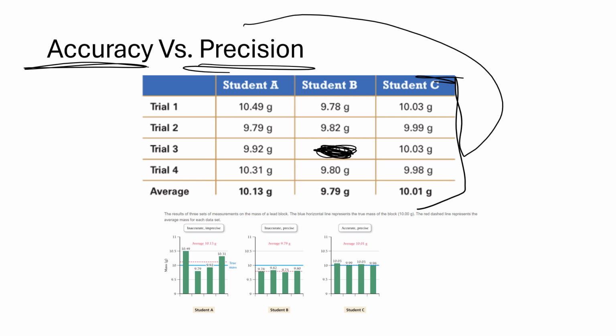how can we make this student more accurate? We could have that student have a measurement of like 10.00 because the real value here is 10. So what would make the student be more accurate? We would put a number in like that. But what would it do?